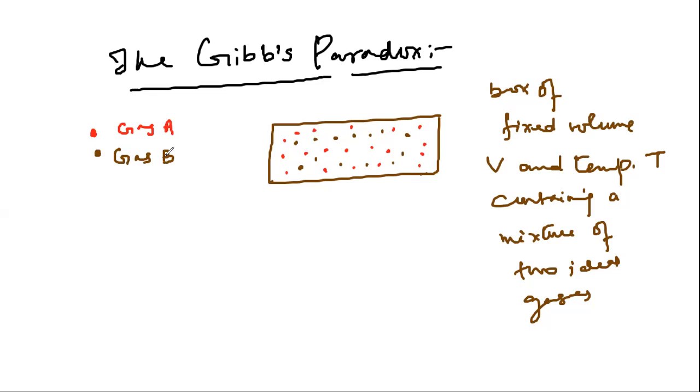Now, if the two gases are different, as we say gas A, gas B, when I say one is gas A, second is gas B, that means they are different.